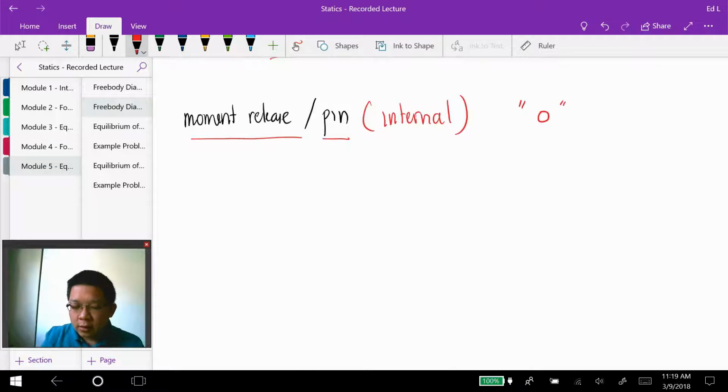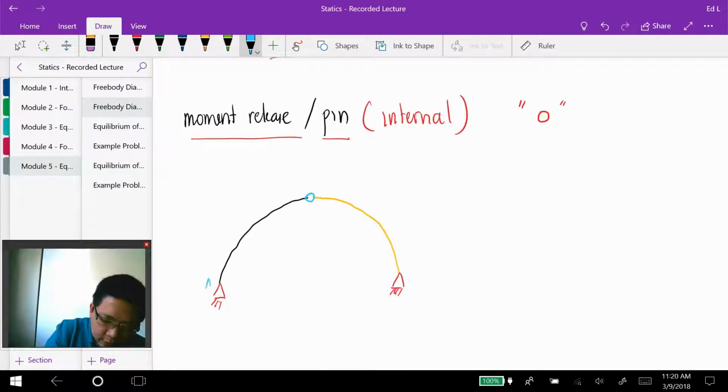So for example, if I have a structure, let's label it A, B, and C. This member AC is pin supported at A, and this member BC is pin supported at B. And at C, there's an internal pin that connects these two members AC and BC together.